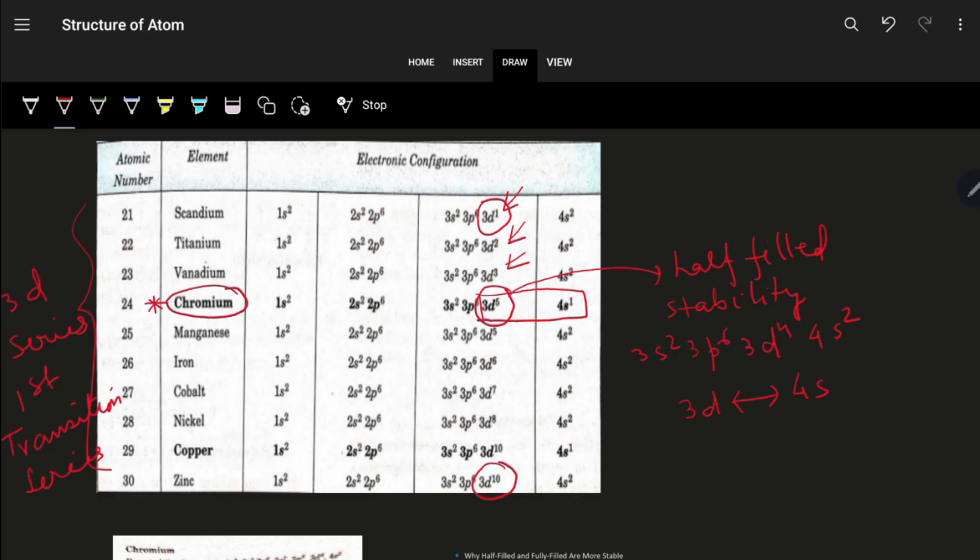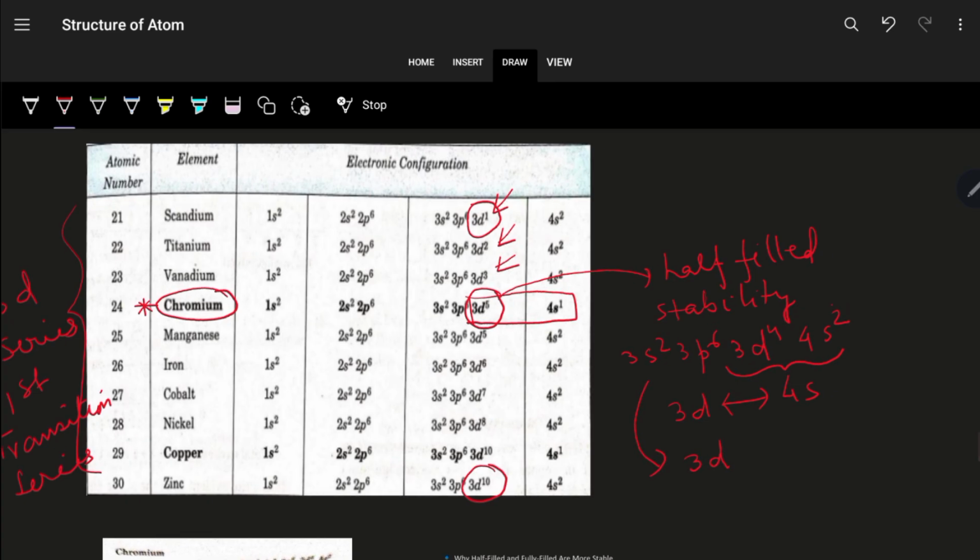So in order to give stability to the electronic configuration, to lower the energy of the system, the 3d gets an electron from the 4s and becomes half filled, with 4s1. This is the electronic configuration of chromium.